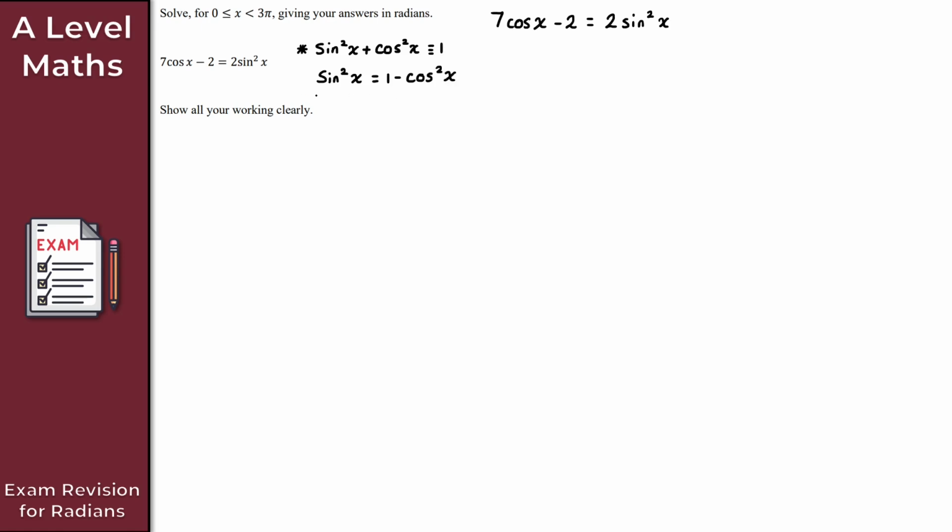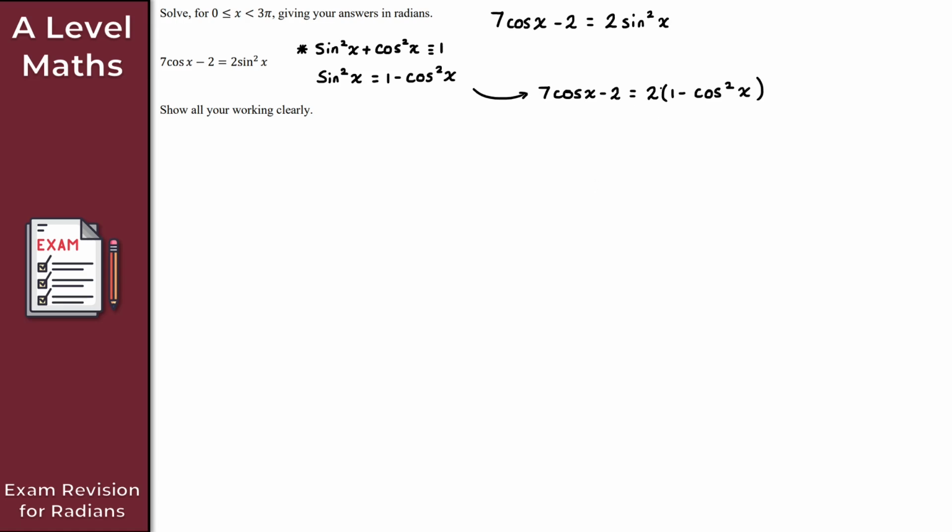And as we've just mentioned, all we need to do now is just substitute this into this trigonometric equation here. So if we do that, what do we obtain? The left-hand side won't change, right? That's just 7 cos x minus 2. So what I've now got on the right-hand side is 2 lots of 1 minus cos squared x.